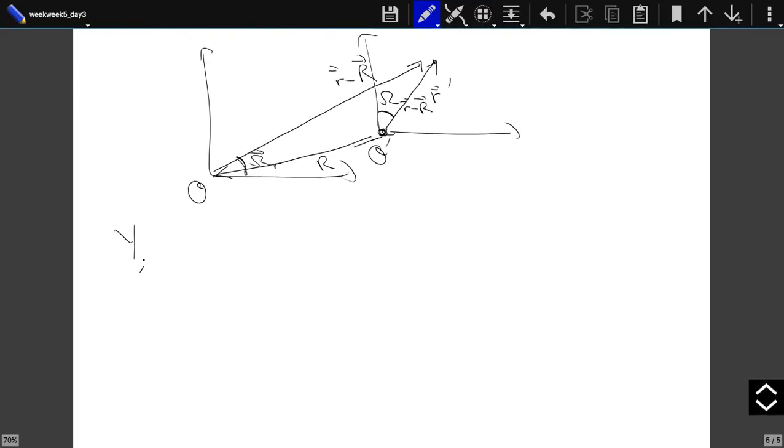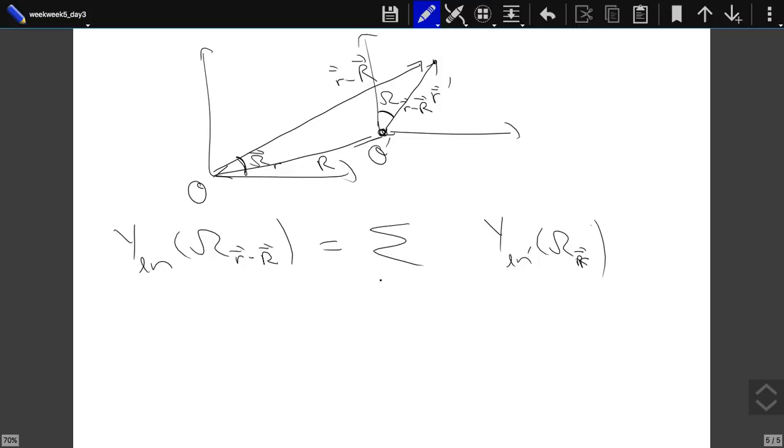You see, I should be able to write Y_LM of omega r minus R in terms of Y_LM of omega R, let's say M prime, with some coefficients that depend on, let's say, the angles of the vector R. This should be possible because the Y_LMs are complete.